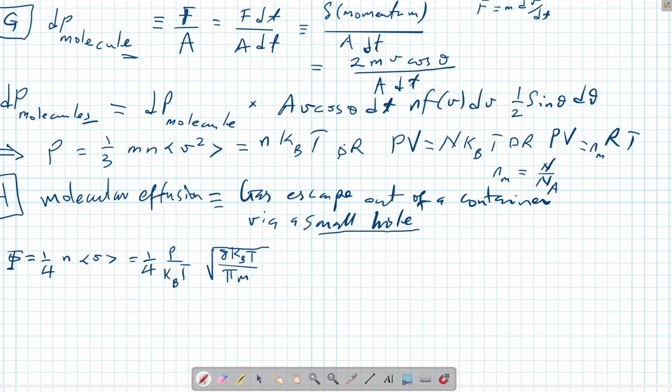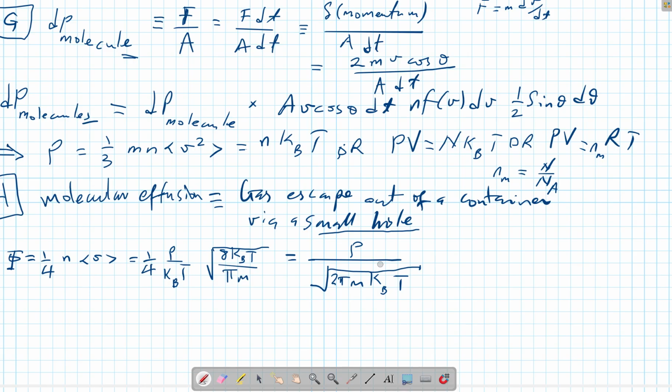So this is the average speed, and from the formula P = n kbT, we can write n to be P divided by kbT. So making the substitutions, one can get an expression for the flux in terms of pressure and temperature of the gas. So this is P divided by the square root of 2 pi m kbT.